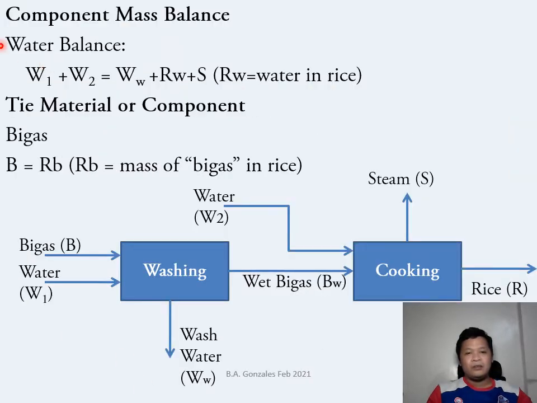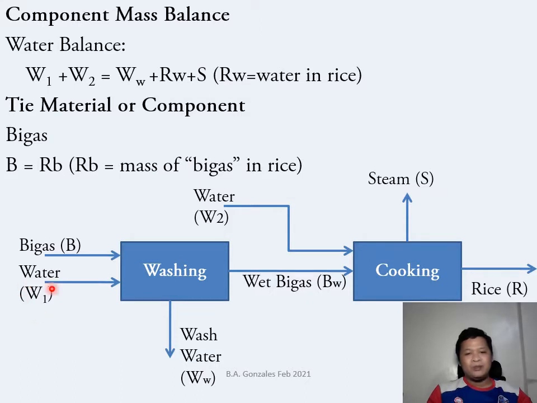Alright, so let's try doing component balance. For our component which is water, let's try to account for all water inputs and water outputs. Assuming no accumulation, we have water 1, yung pinanghugas mo, water 2, yung pinangsaing mo. Overall, saan sila napunta doon sa sistema? We just look at all the input arrows na nanggaling sa out of nowhere and all the output arrows na papunta sa nowhere.